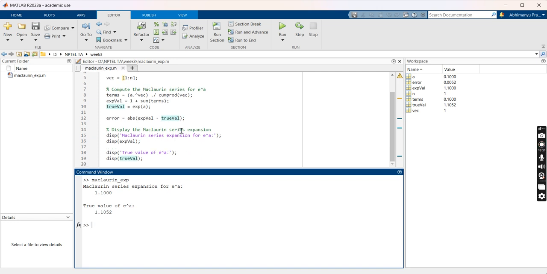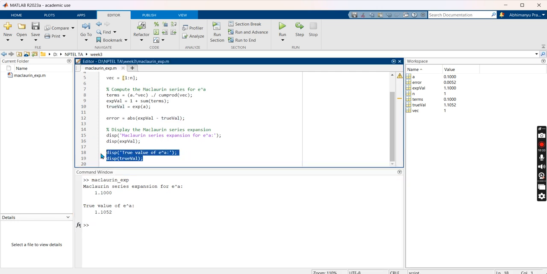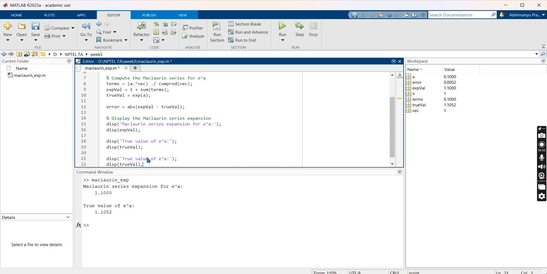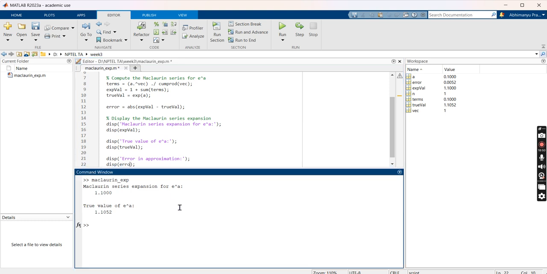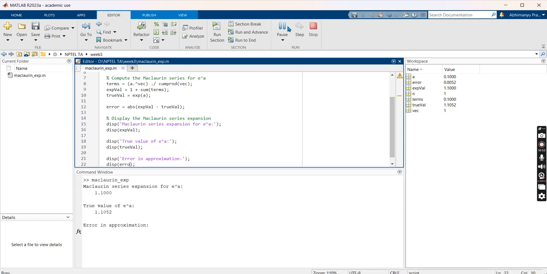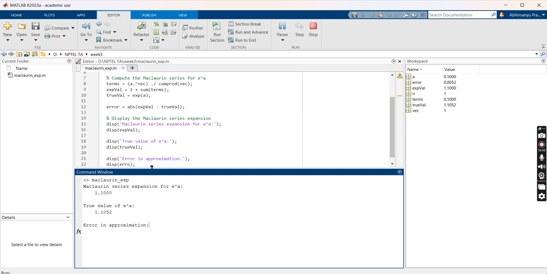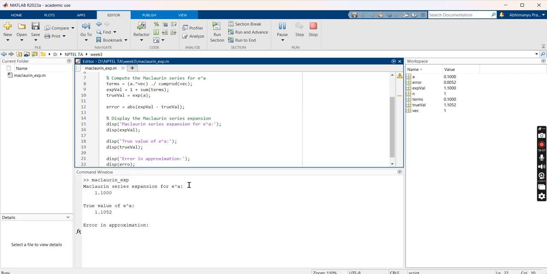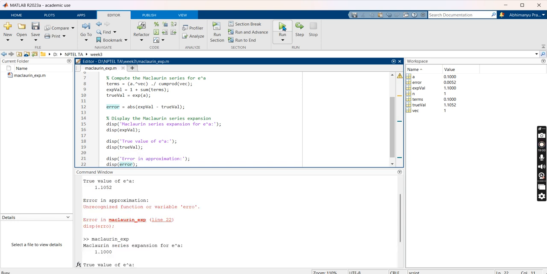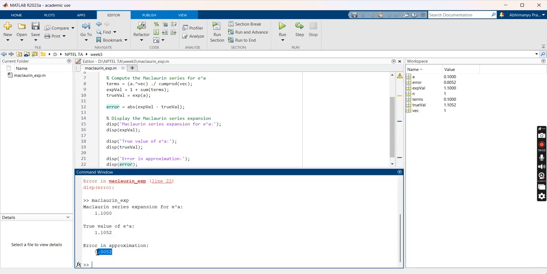So if I also display the error over here, my error in approximation is 0.052.